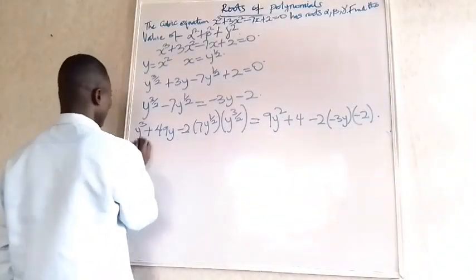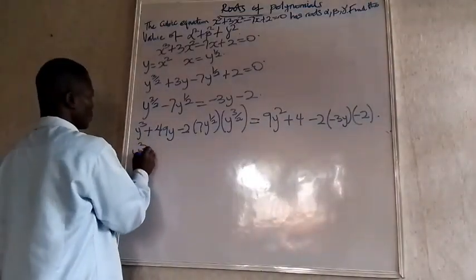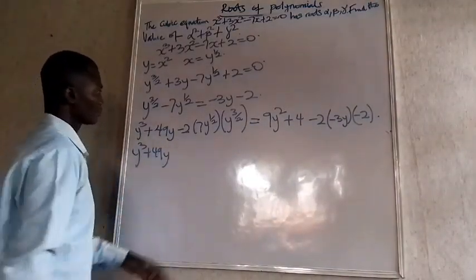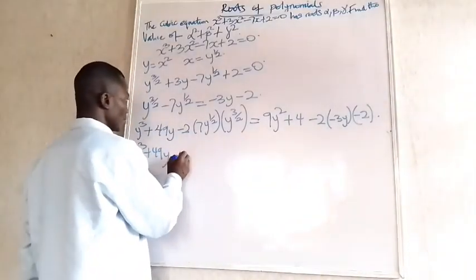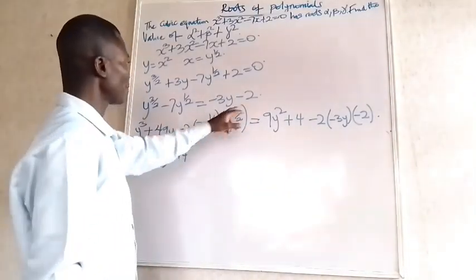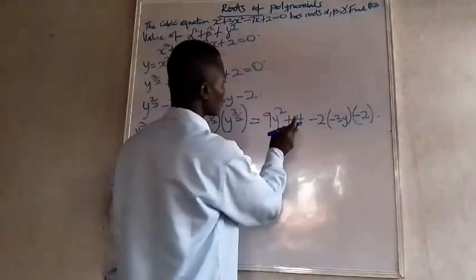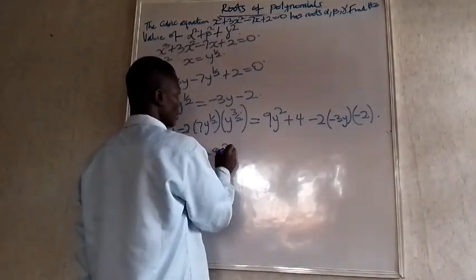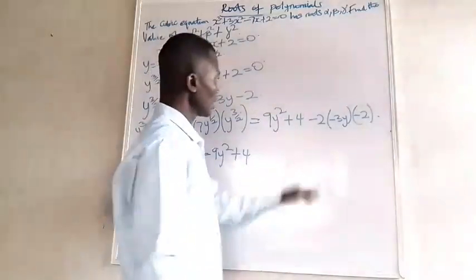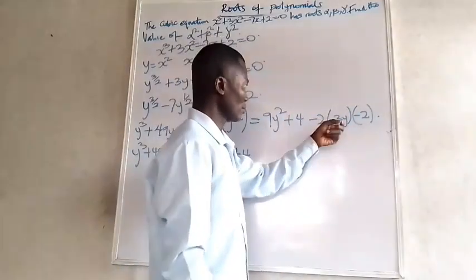So from this we can say y cubed plus 49y minus 14y squared is equal to 9y squared plus 4 plus 12y.